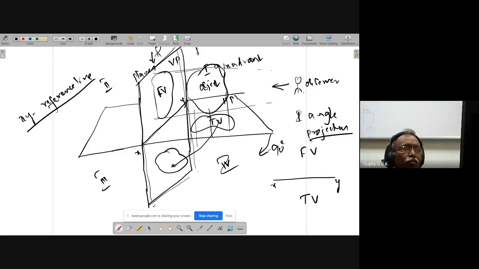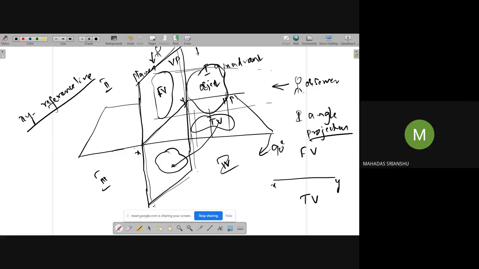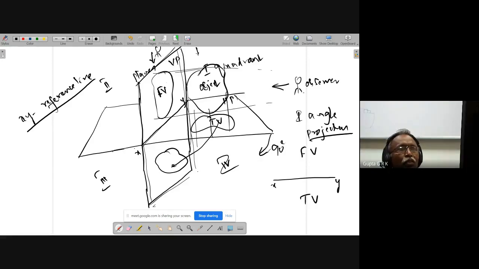I want the views to be drawn on the drawing sheet for an object, different views to see its dimensions and details. Now I am keeping the object in the first quadrant, and by observing it, the view on the vertical plane is the front view and on the horizontal plane is the top view, but they are in two different perpendicular planes which cannot be drawn on a drawing sheet, which is 2D. I want to make it 2D.